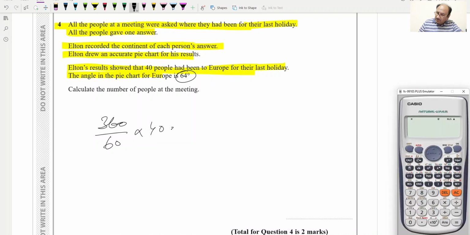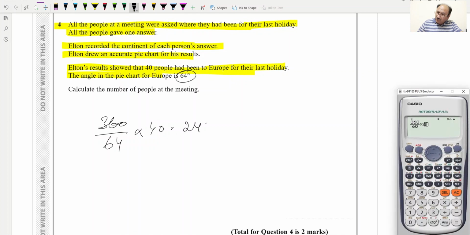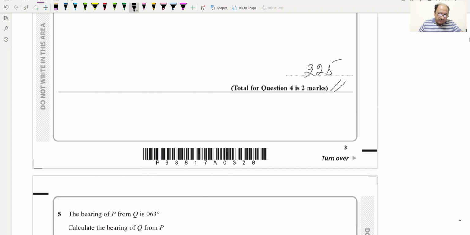So this will be 360 divided by 64 and multiplied by 40. Again, we have made a mistake, it should be 64. So this will be 225. So 225 will be the final answer which we can provide. This is the 2 marks question which we have done.